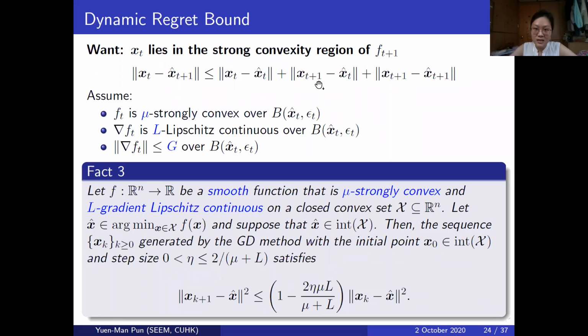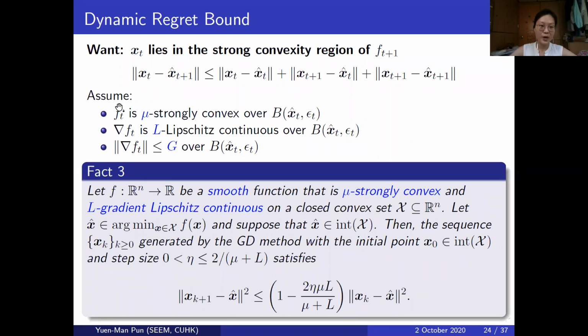And for this term, xt plus 1 minus xt hat, recall that xt plus 1 is performing one iteration of gradient descent on ft, right? And xt hat is the minimizer of ft. So it's essentially doing offline gradient descent, right?